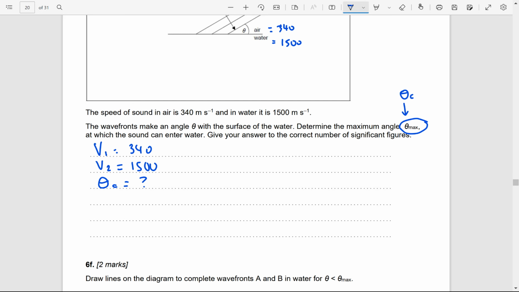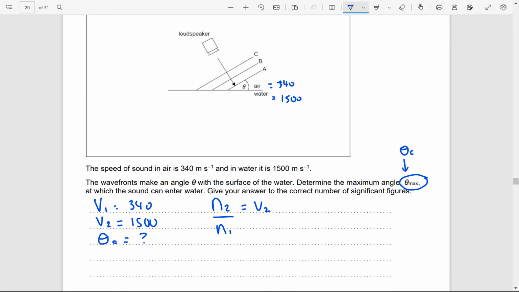If you look in the data booklet, we know that N2, so the second refractive index over the first refractive index, is equal to V2 over V1. Apologies. I've written that wrong. Sorry, it's V1 over V2.